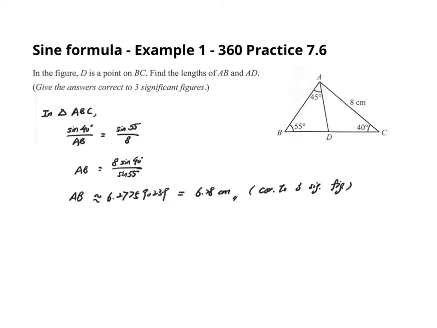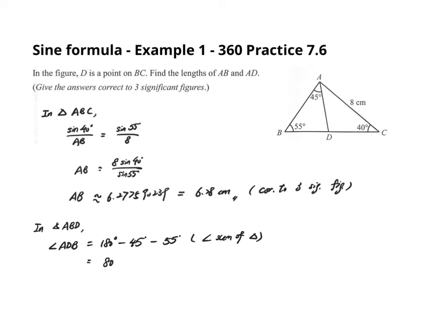After we find AB, we can find AD, because in triangle ABD, AD is the opposite side of angle B, and AB is the opposite side of angle ADB. So in triangle ABD, angle ADB is 180 degrees minus 45 degrees minus 55 degrees.